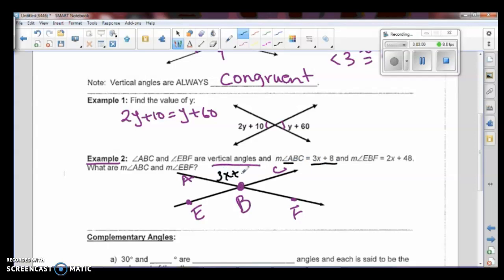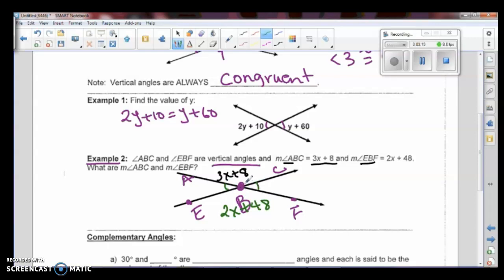So 3x plus 8 is on the top, and on the bottom, we have 2x plus 48. Going to draw our little plus sign right inside of the B there. It's nice and cozy.